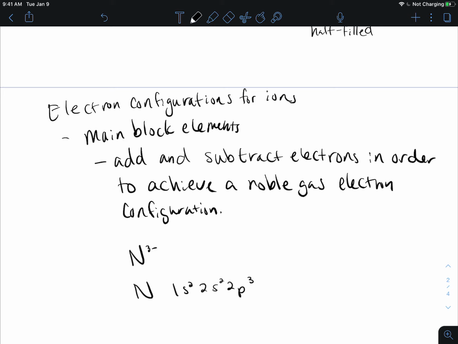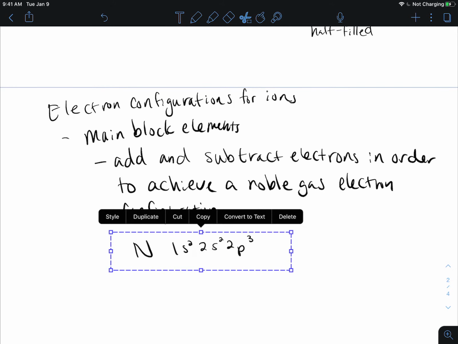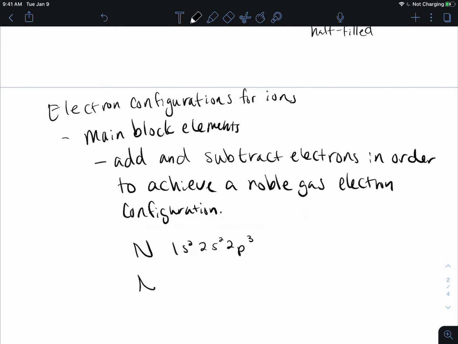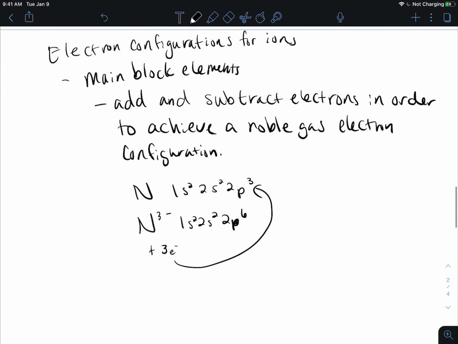Our N3-, we're going to add 3 electrons into the p orbital, because we have a maximum of 6 electrons we can fill. So this would be 1s2 2s2 2p6. So very easy. And all main groups are going to be like this.